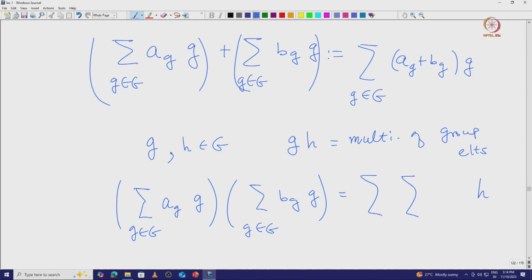To determine the coefficient of h, where h is in G, you simply take the sum of all products a_g b_g', where g g' becomes h. So, this is the addition and this is the multiplication.